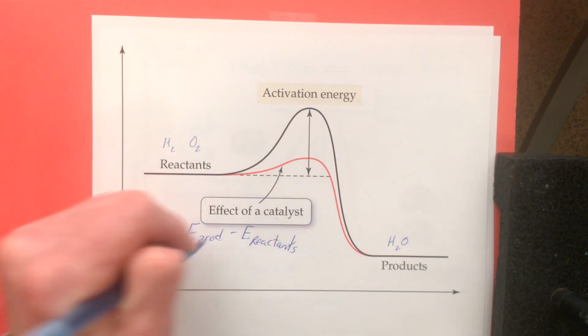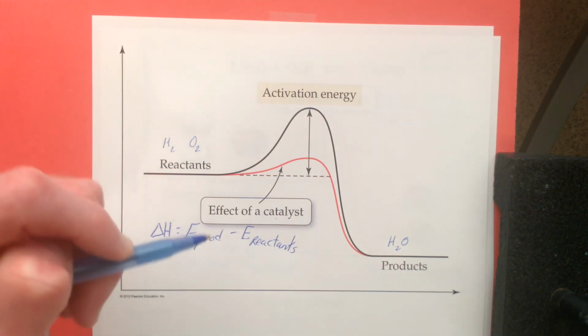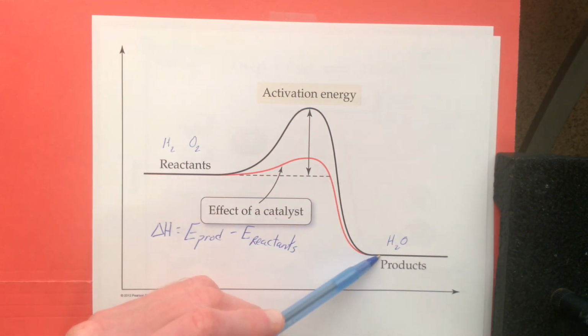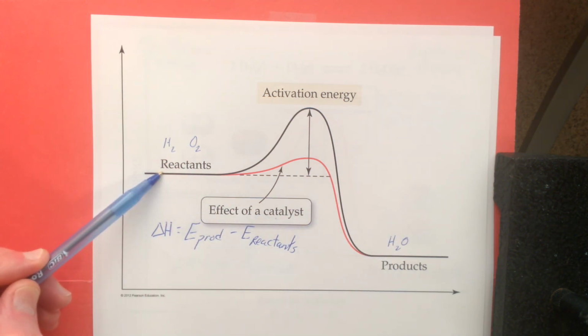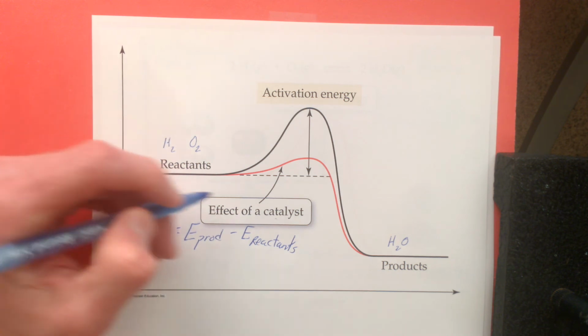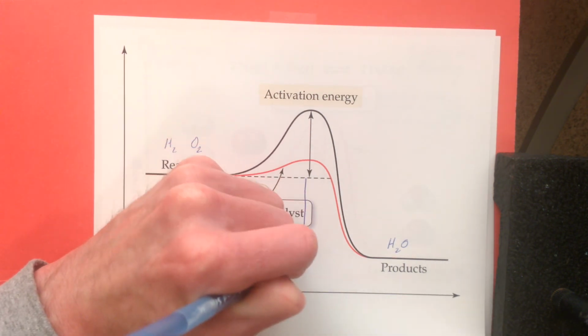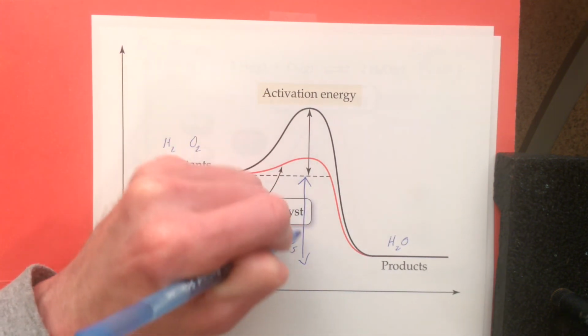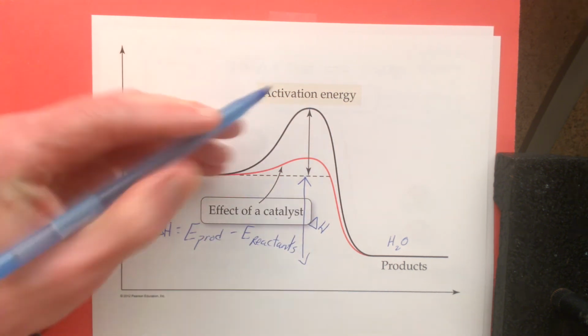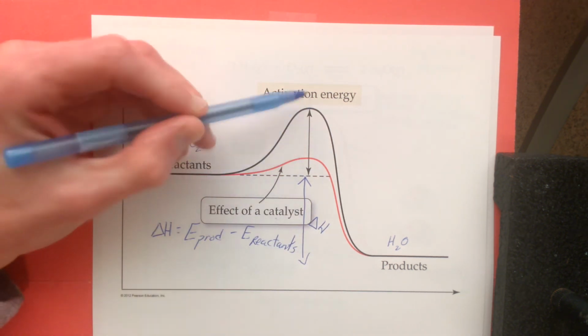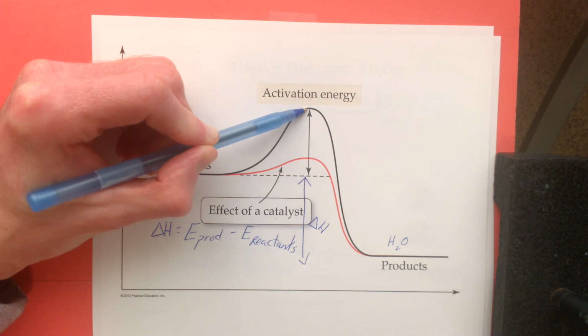That is the difference between here and here. That value does not change with the presence or absence of a catalyst.